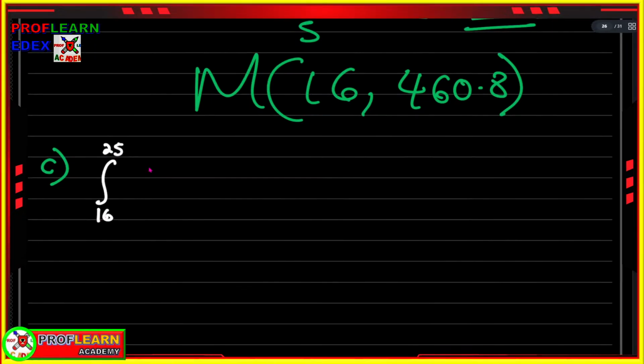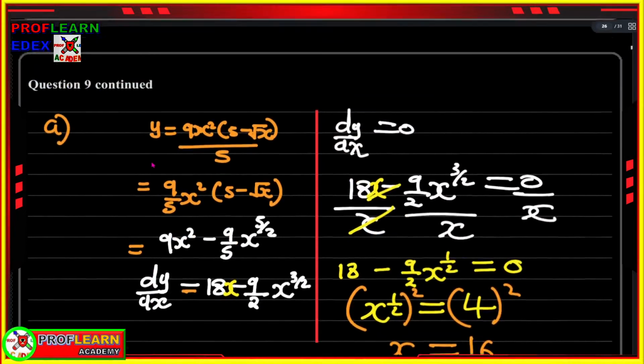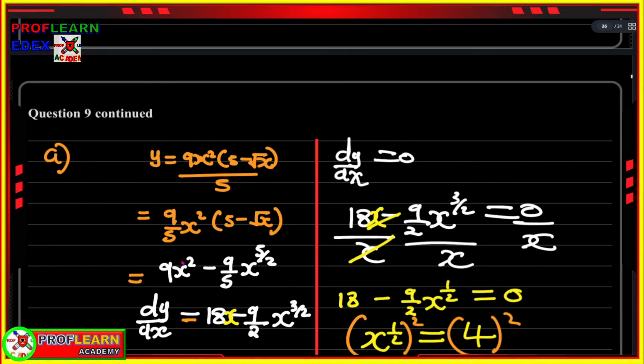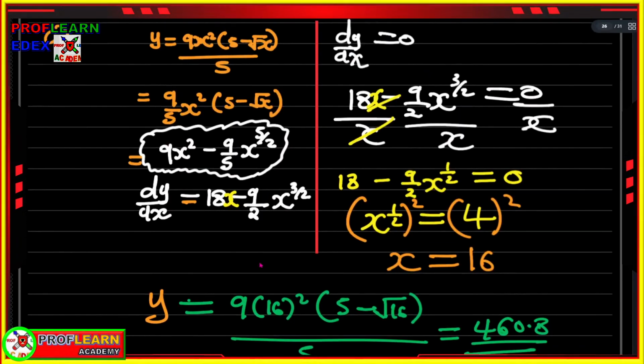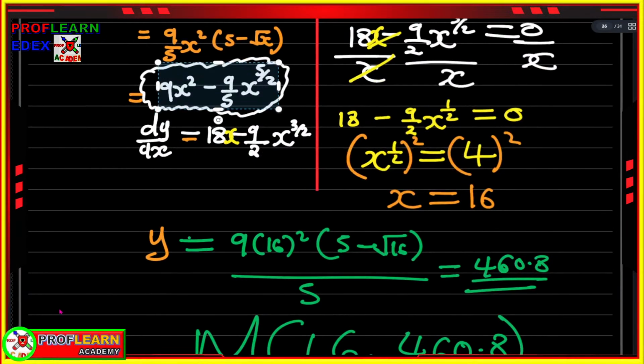And what is the expression that I'm going to integrate? The simplified expression is the one I simplified here, 9x squared minus 9 over 5 x raised to power 5 over 2. I believe I can copy it so that it's faster.